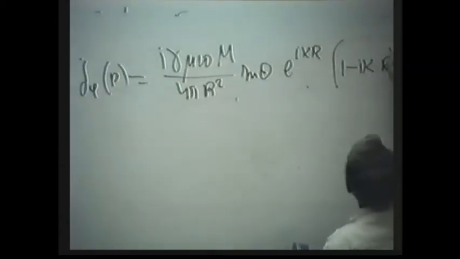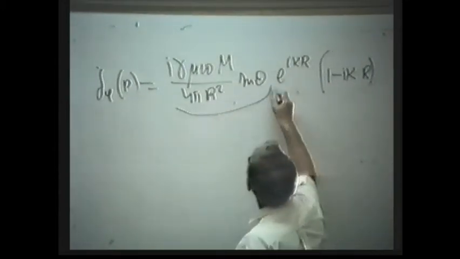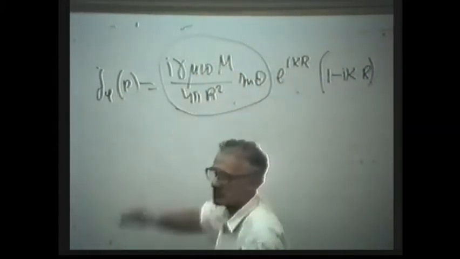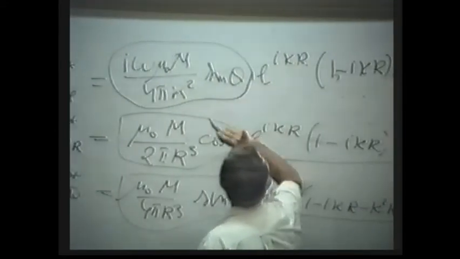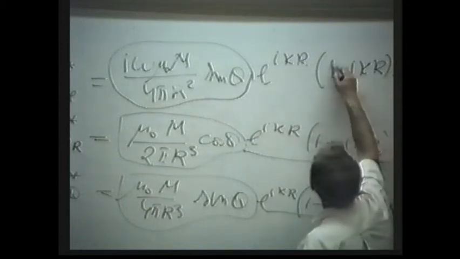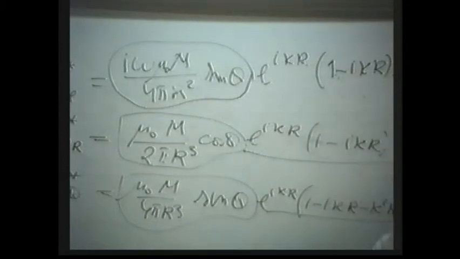Now I would like to ask you a question. What is it? Or let me do it a different way. What is it? And then we will answer the next question.